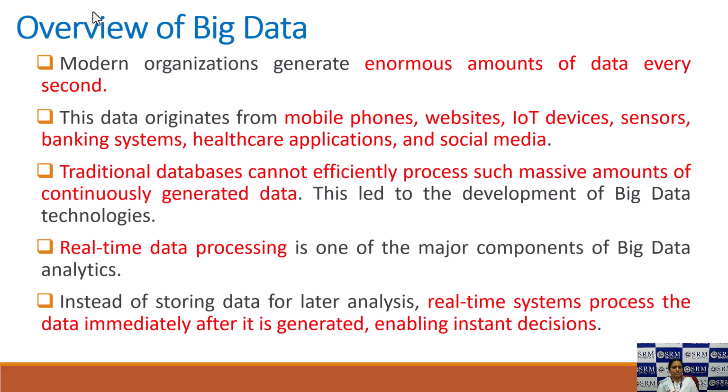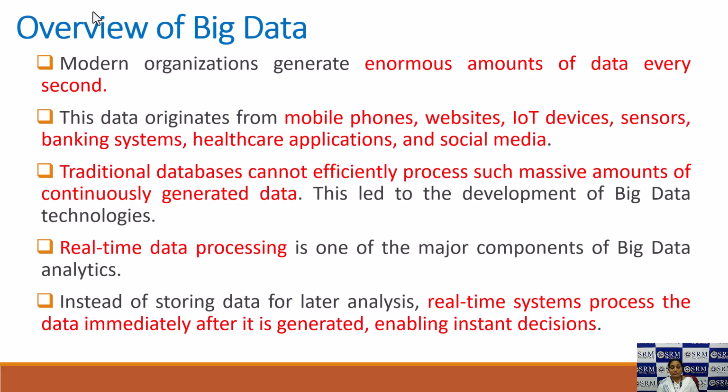For example, FT1 marks or FT2 marks may not be generated now; they can be generated later, because those marks are aggregated and put as internal marks. So that may not be done immediately. All these are data requirements where real-time, immediate reporting has to be done. Those are the major components of big data analytics.